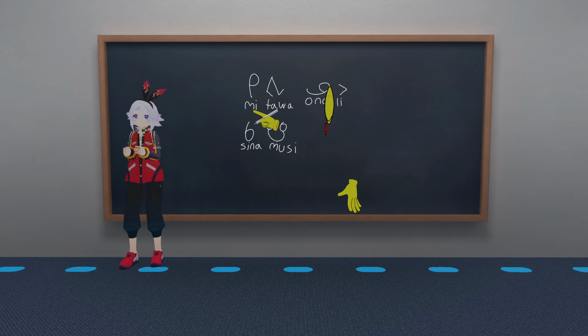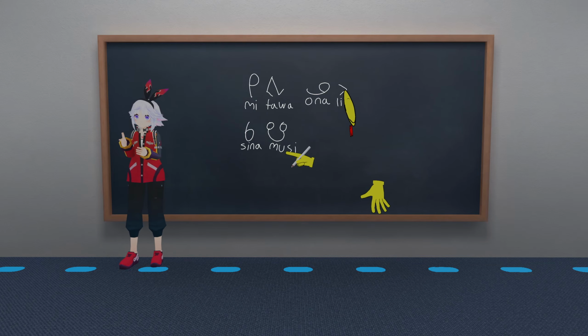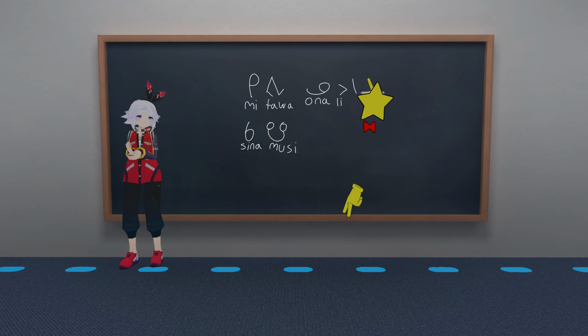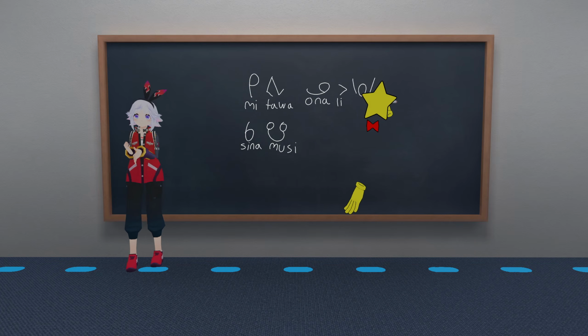The answer is, me and sina, since we say them so much, they introduce their own verb. So me introduces a verb, which is tawa. Sina introduces a verb, which is musi. Ona needs help. And so ona, and then li. Li introduces the verb for ona, and we'll say the verb is wawa.